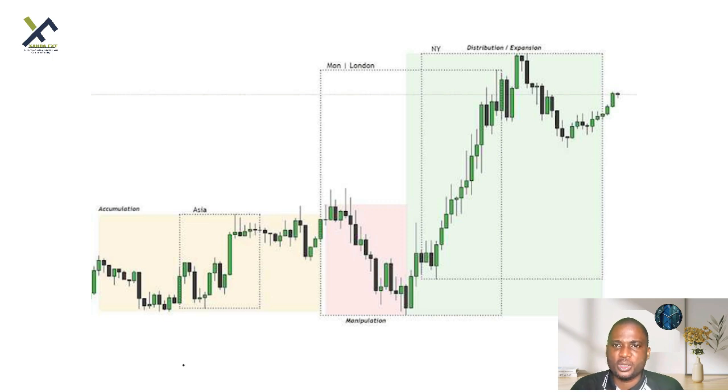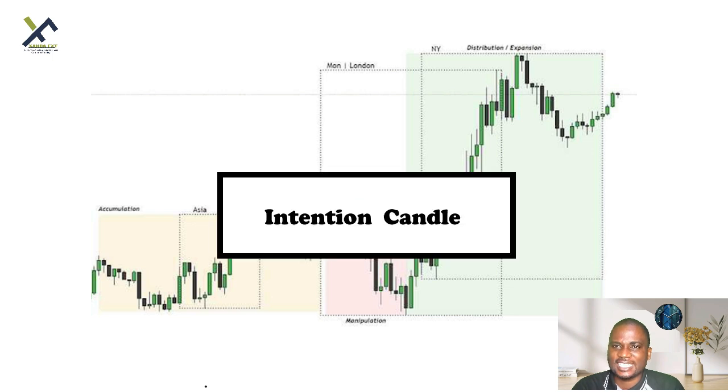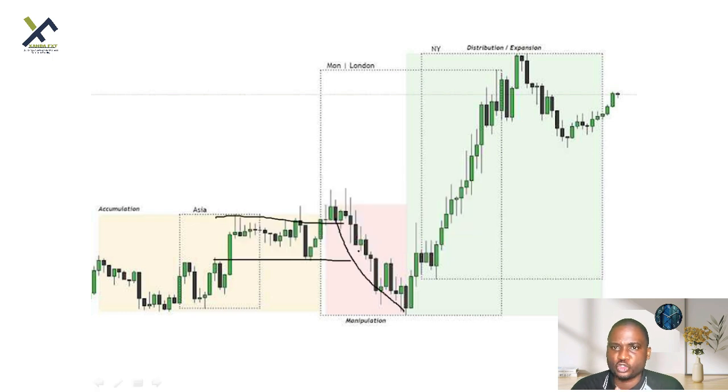But before we look out for this, there is something that will give you a signal for when you should enter. In this strategy, there's what is called the intention candle. That is when the market shows the original direction it has in mind. So where should my intention candle be?